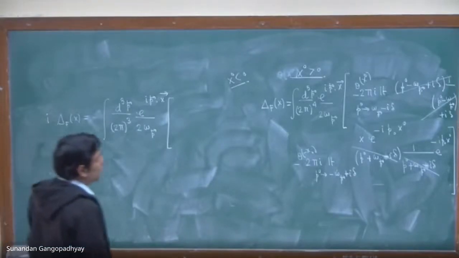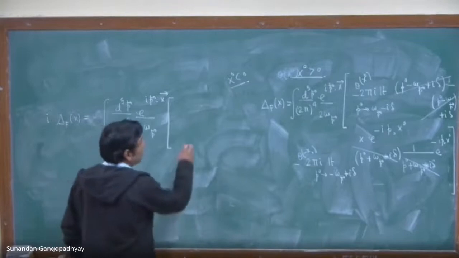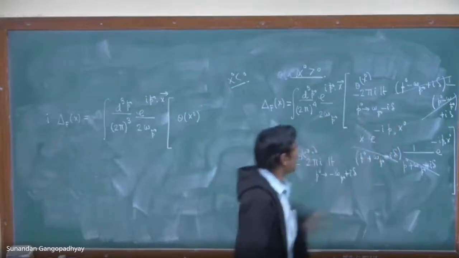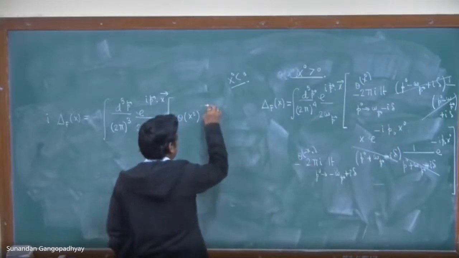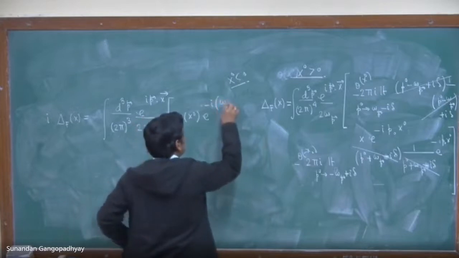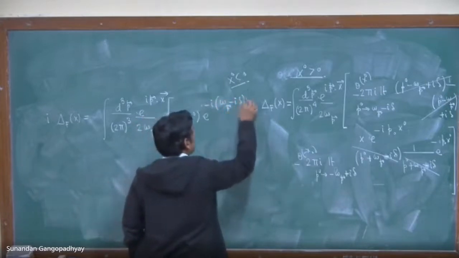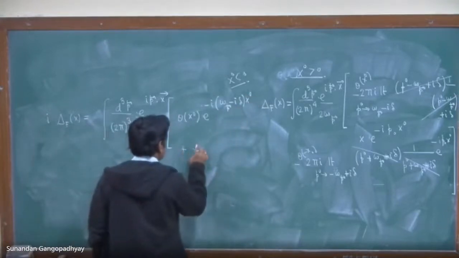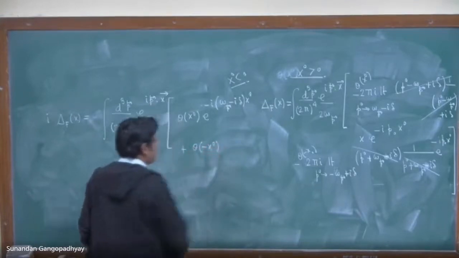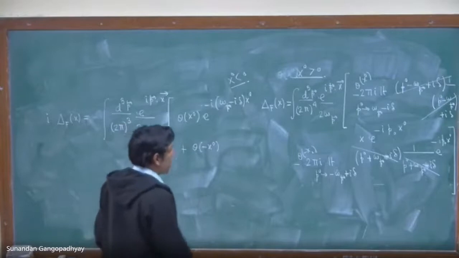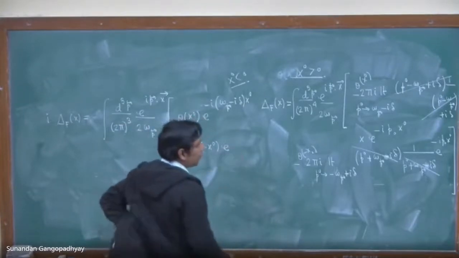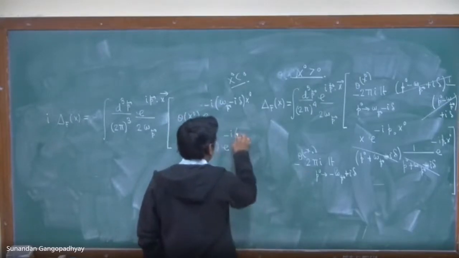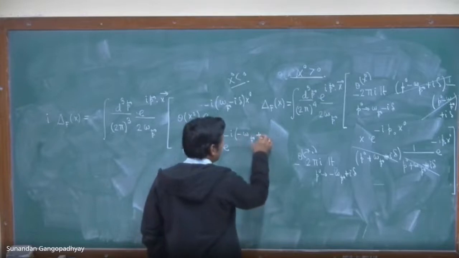So now we have the following. We have theta of x0, and in the limit p0 going to this, the factor will become e to the power of minus i (omega p minus i delta) x0, and this factor will become plus theta of minus x0 times e to the power of minus i p0 x0, with p0 going to minus omega p plus i delta.